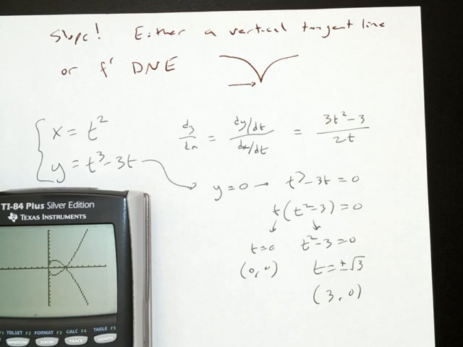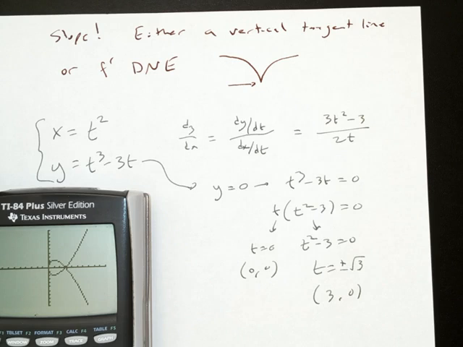And now I can figure out two different slopes. When t is negative square root of 3, we'll be coming up the curve from bottom to top, going from left to right. I should expect my slope to be negative.